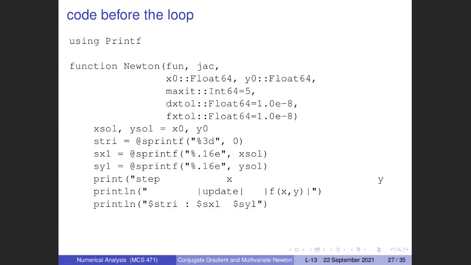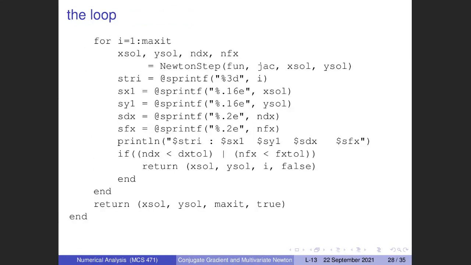Then the definition of the Newton method is actually an encapsulation of the Newton step, where we do the updates. The advantage of the encapsulation is that when we write the Newton method, we can focus on the layout.